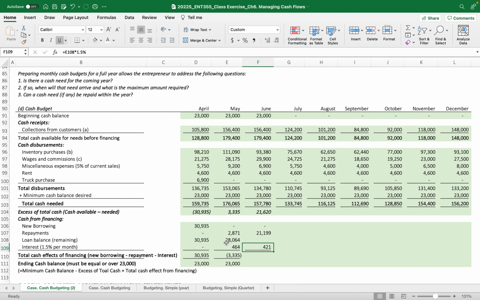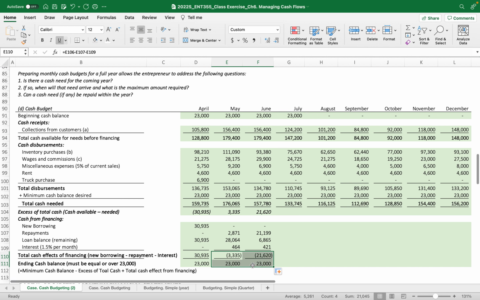But still this loan balance is greater than the repayment, so the loan balance is reduced by this repayment after interest payment. Got it? And then let's just drag to the right side, and now we still maintain this $23,000 ending cash balance. Good.